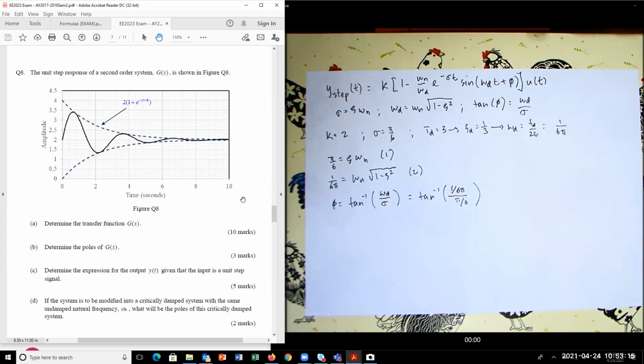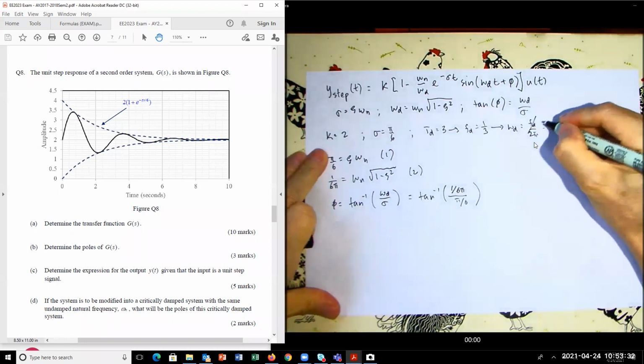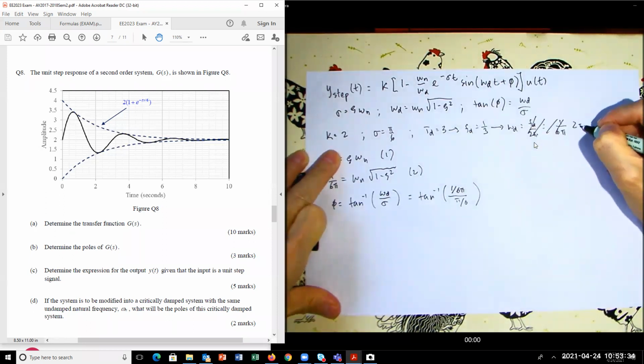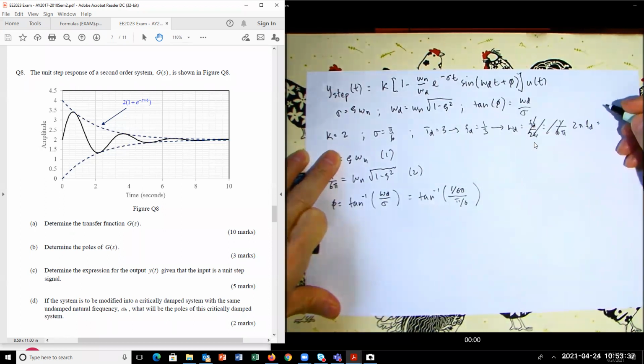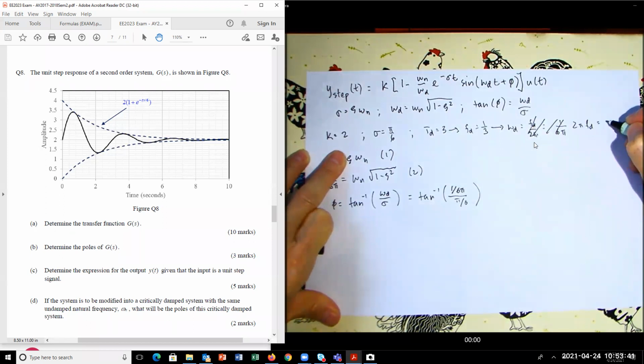Prof. Omega D is equal to F divided by 2 pi. Is it omega? Yeah, sorry, it's the other way around. My apologies. Omega is 2 pi F, not the other way around. 2 pi F D will be 2 over 3 pi.